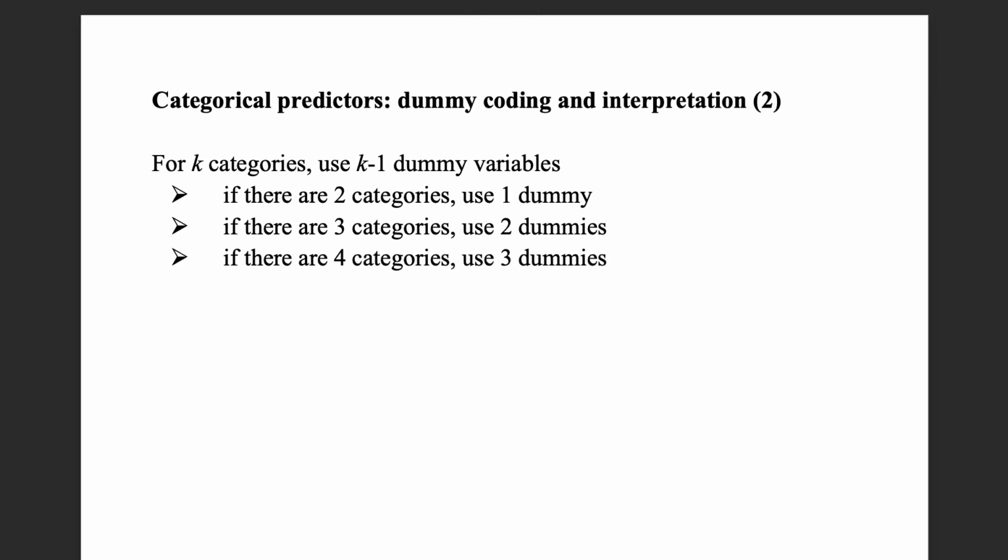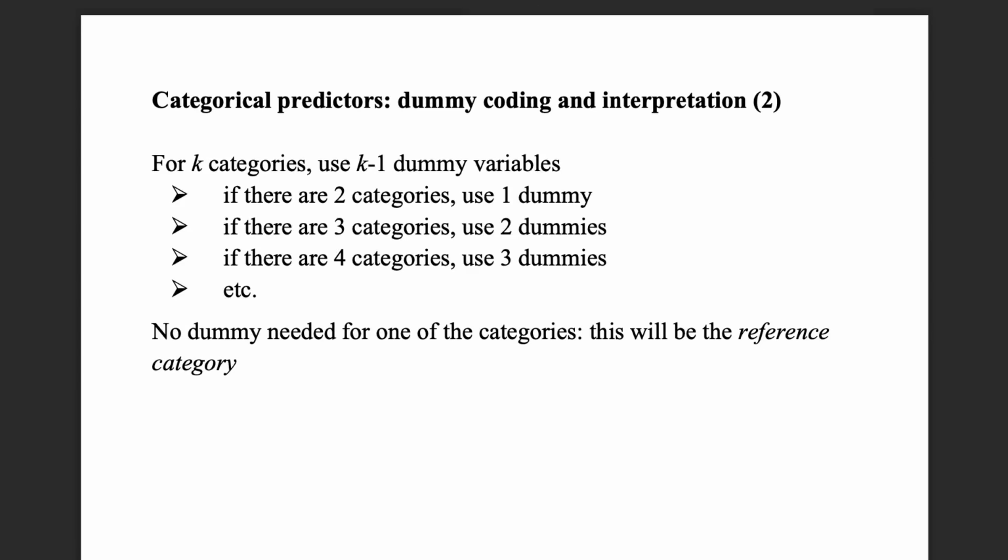If there are 4 categories, then we need to create 3 dummy variables or dummies, etc., etc. Which means that there is always 1 less dummy than there are categories. And that 1 category for which we are not creating a dummy variable, we will call that the reference category. Why k-1?